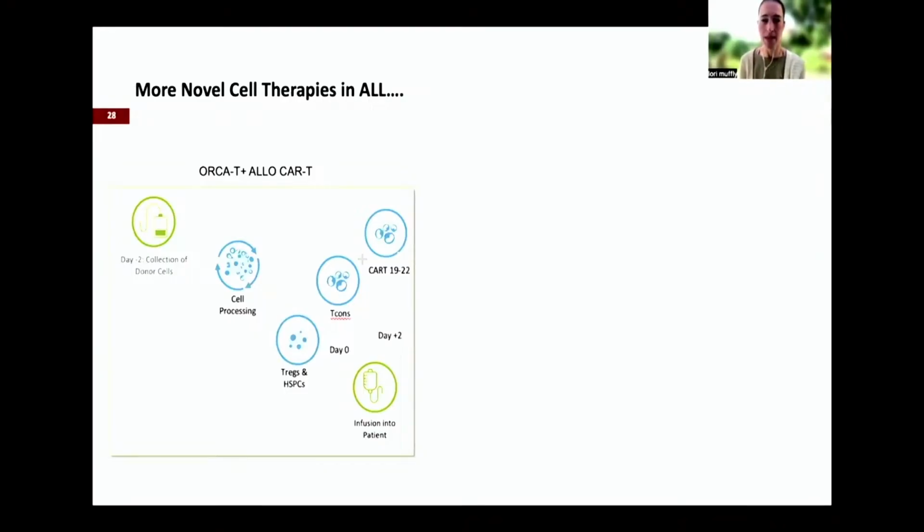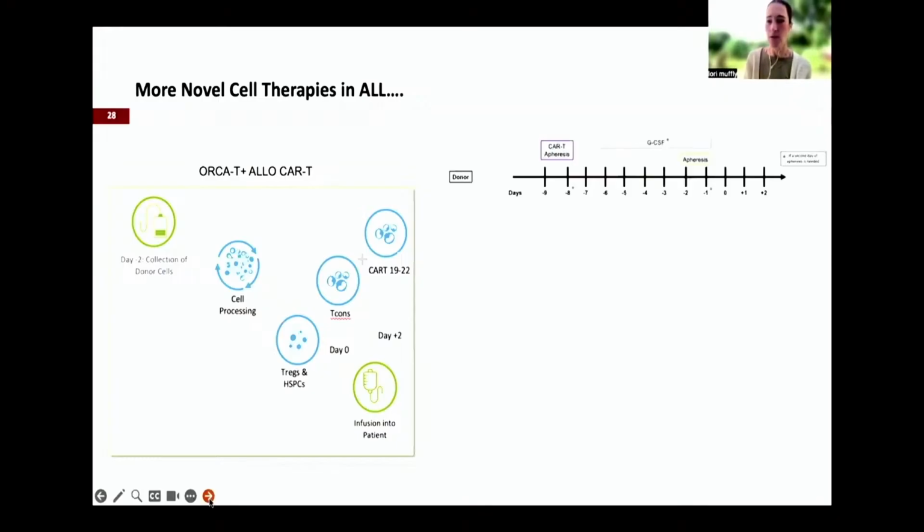And lastly, I will just mention some work that we're doing here at Stanford, combining CAR T cells with allo transplant. And so we use a graft called ORCA-T, which is a regulatory T cell-based allogeneic transplant graft. And we add in CAR T, in this case, CAR 1922 from the donor. And so this is a bit of a complicated trial, but the donor undergoes T cell apheresis.